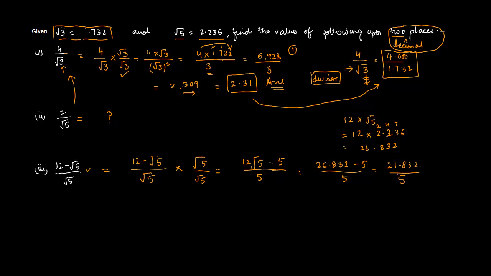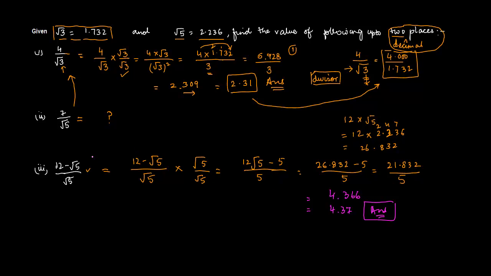Right? Once you carry out the division, what will you get? You will get 4.366. Okay? Do the division for this by this. I'll just do it quickly. And because we need to round it off to 2 places, we can write this as 4.37. That's the answer. Right?